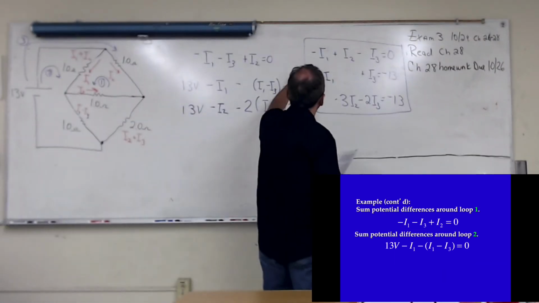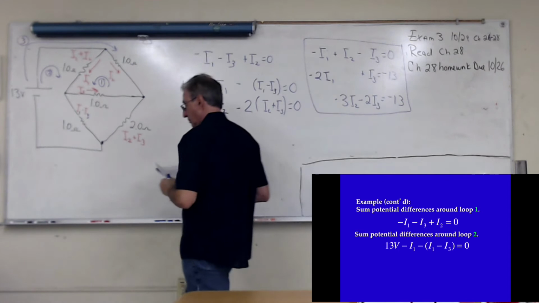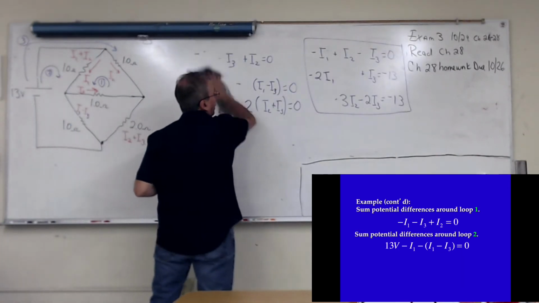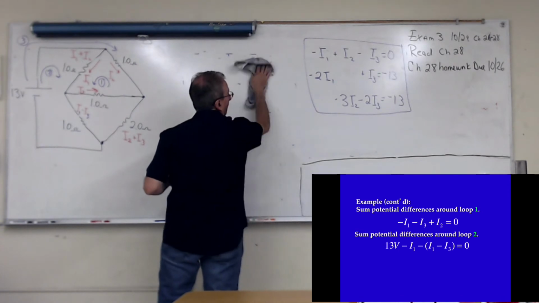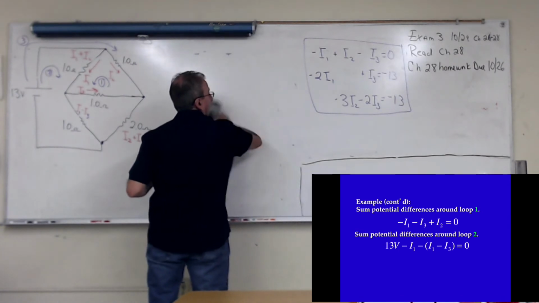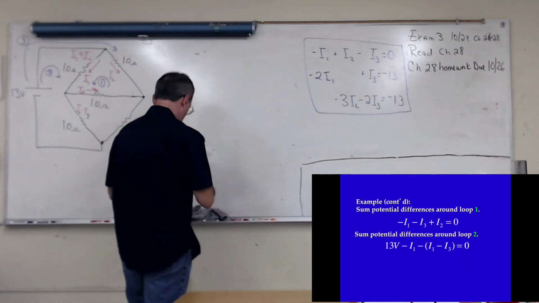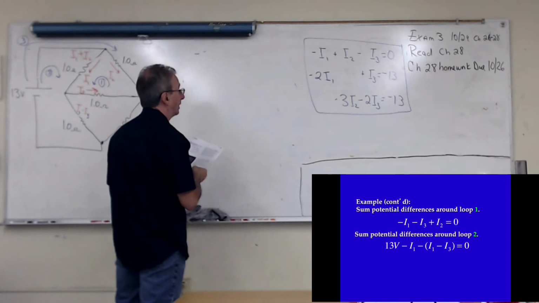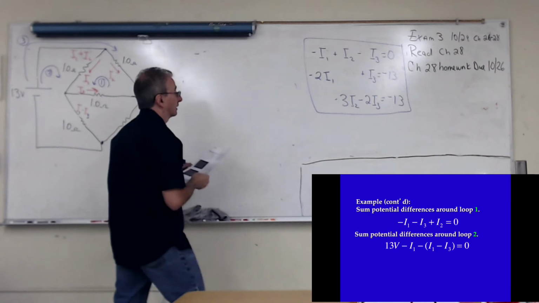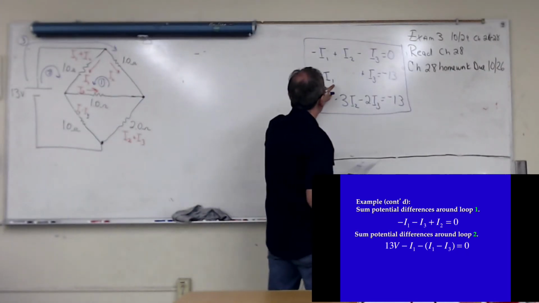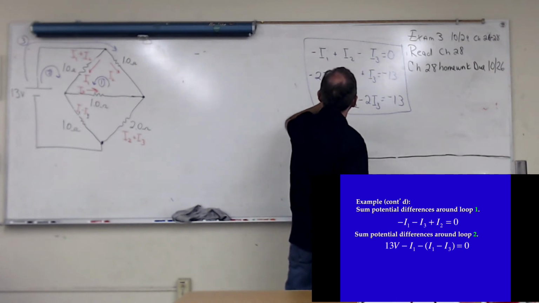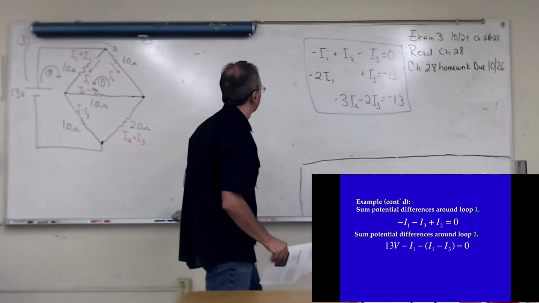What if I add this one to this one? Which one? The first one to the second one? Yeah. Then you can cancel out the I3. Actually, no, hold on a second. That would be bad if I did that. Let me multiply the top one by 2 and add it to the second one.